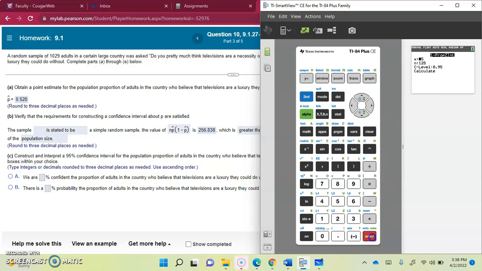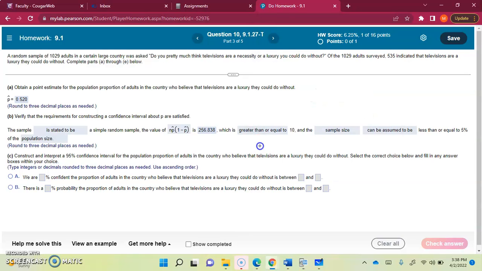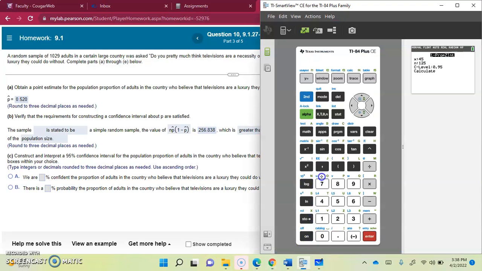That is what you need to select. X value is 535, so you enter 535 for X, 1029 for N. Confidence is 95%, so that's correct. Enter. So here is your confidence interval.